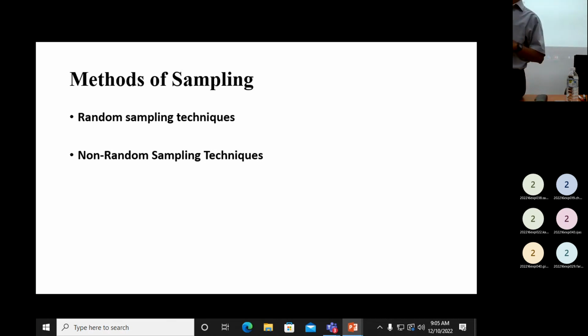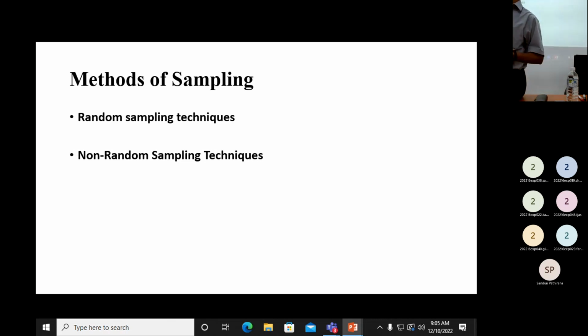Random sampling techniques consist of probability. Non-random sampling technique does not have probability.